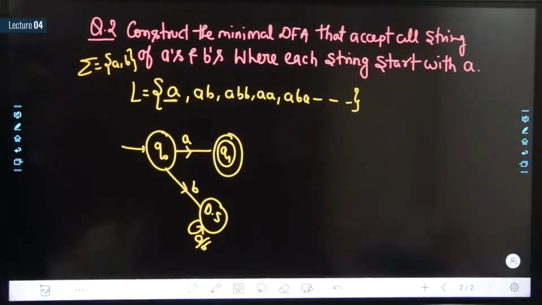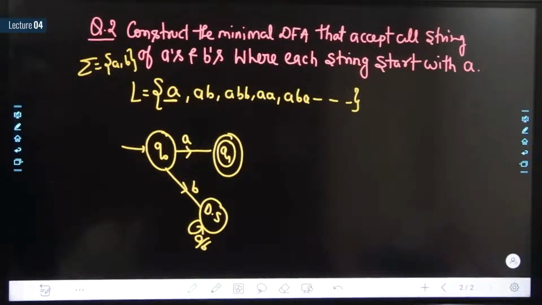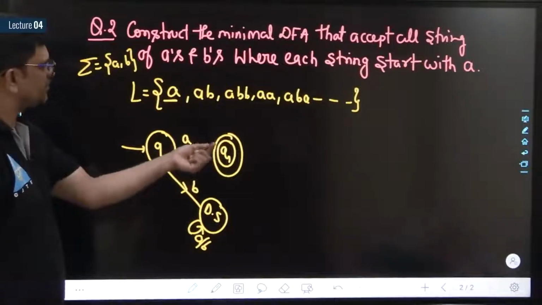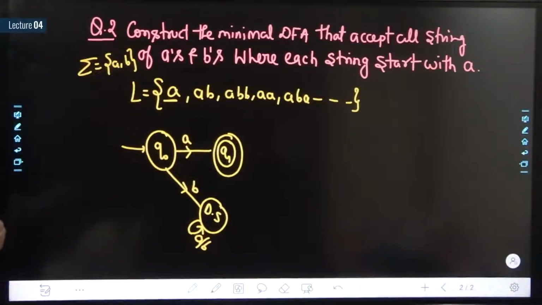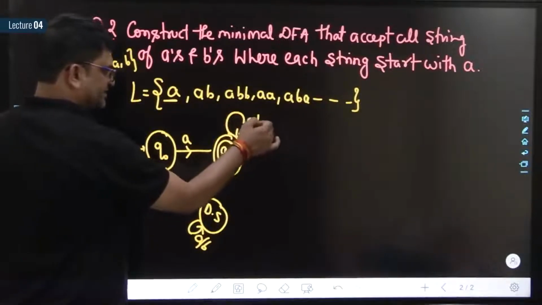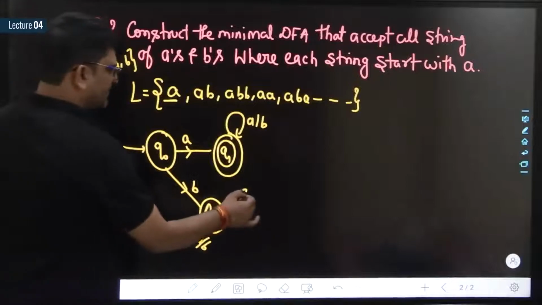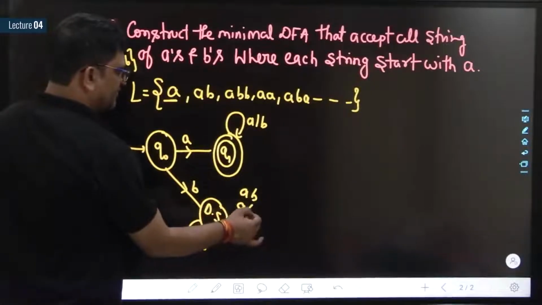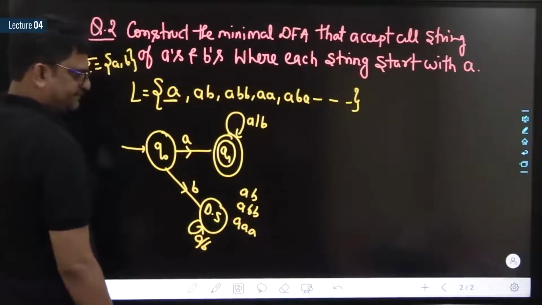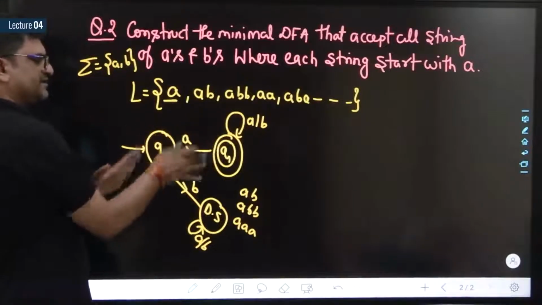Clear? Now check this state Q1. Right now Q1 does not have any transition on input symbol A or B. Can we make this transition? Yes, because AB is in our language, ABB is in our language, AAA is in our language. Every string constructed by this DFA is accepted by the DFA.